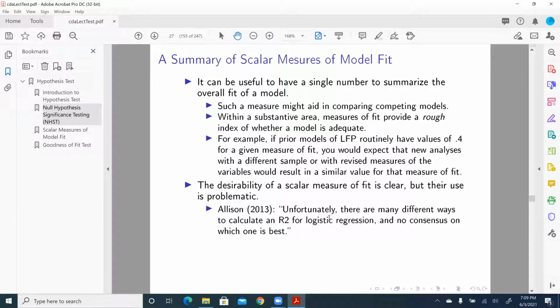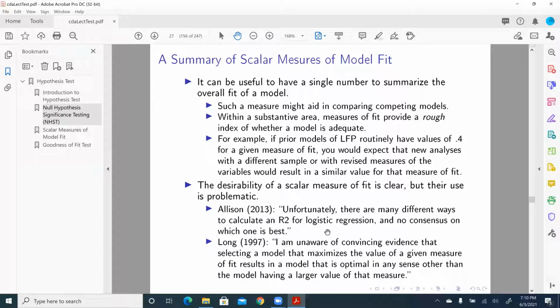For example, Allison on his website, Statistical Horizons, stated in 2013, "Unfortunately, there are many different ways to calculate an R-square for logistic regression and no consensus on which one is best."